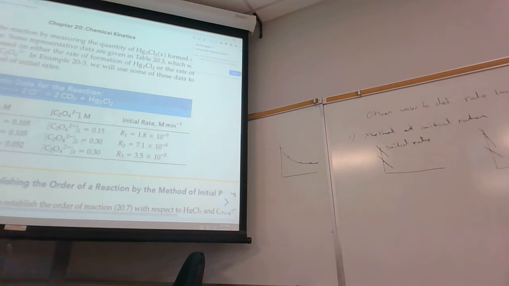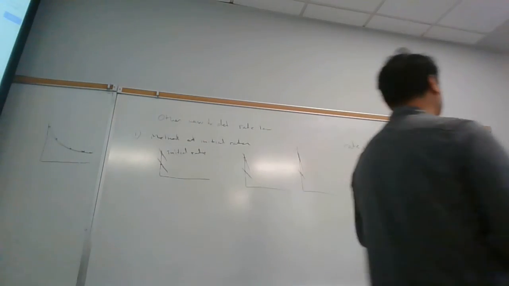And so the overall order is 3. This is overall third order. We aren't necessarily going to do too much with that. Just to recognize it's going to be more complex.